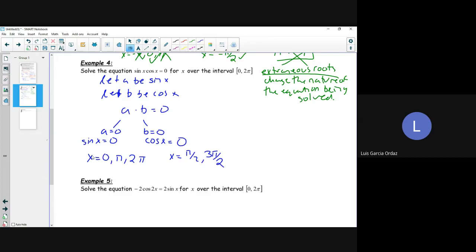Okay? So remember, all the solutions have to fall within the interval we are given, which is between 0 and 2 pi. Therefore, x equals 0, pi over 2, pi, 3 pi over 2, and 2 pi, because all of these solutions fall under our interval of 0 and 2 pi.